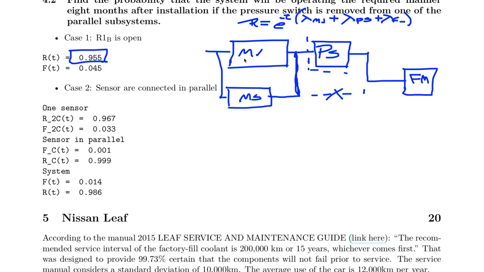In this case, you need to solve the unreliability of the moisture sensor, so the unreliability would be 1 minus the reliability of the sensor.